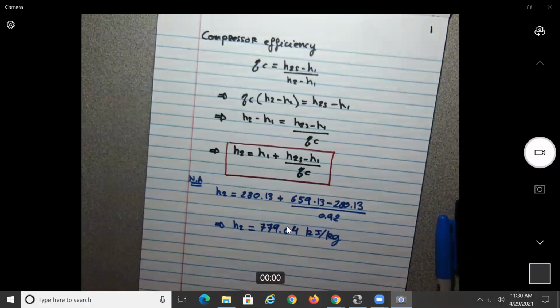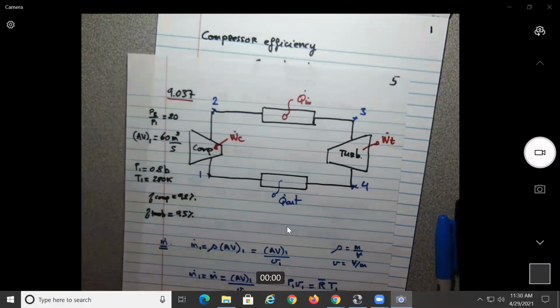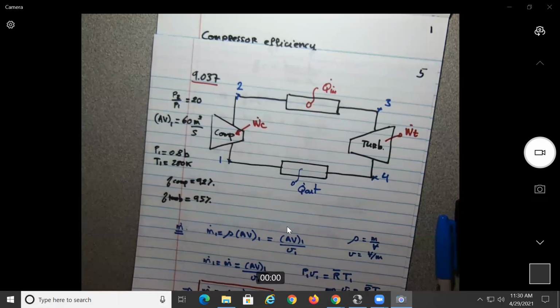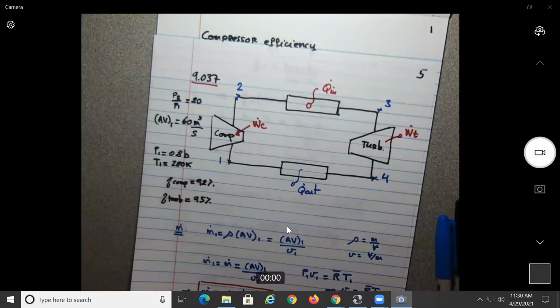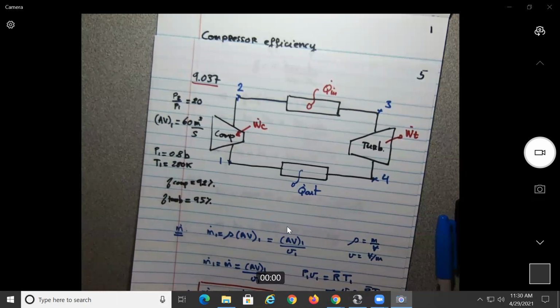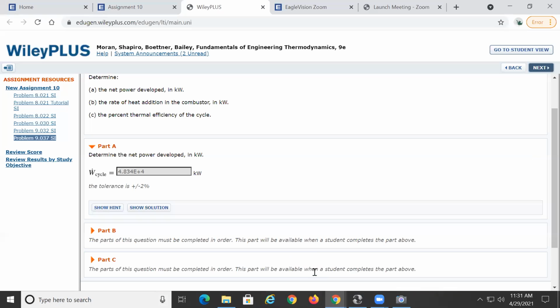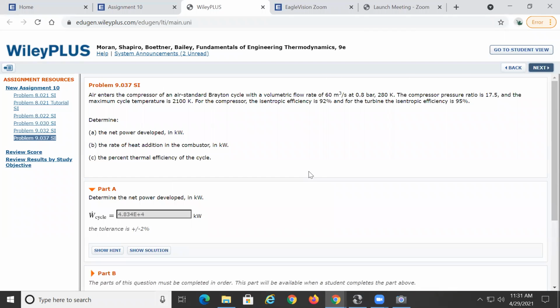But let's see, what do we know about H3? So I think we're missing some information here, T1. Okay, I think we're missing some information. Let's go back. Hopefully we're missing something here.